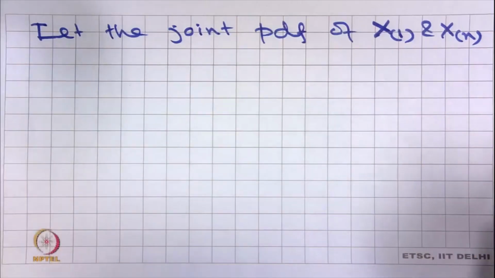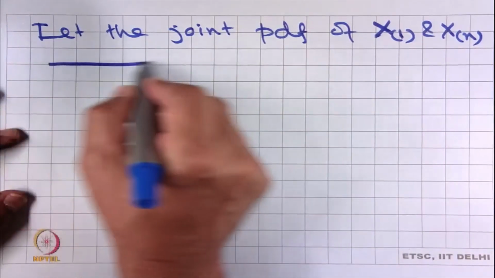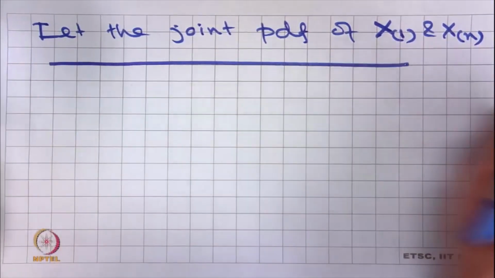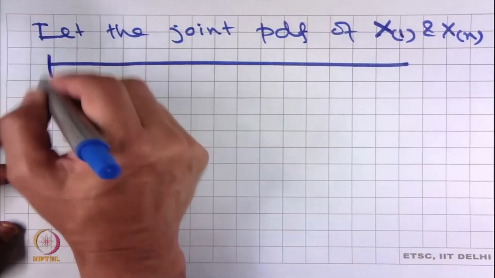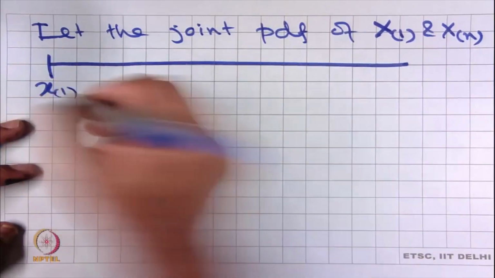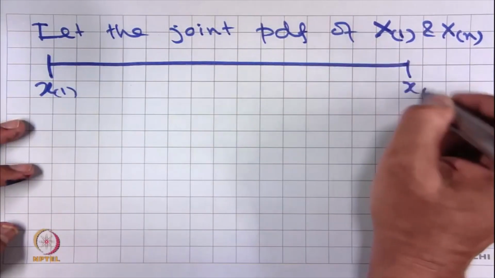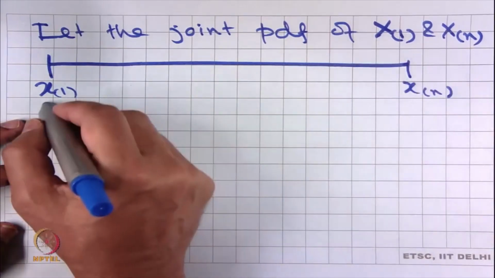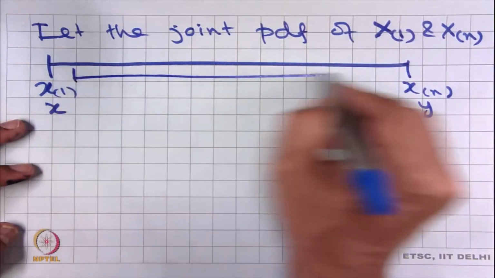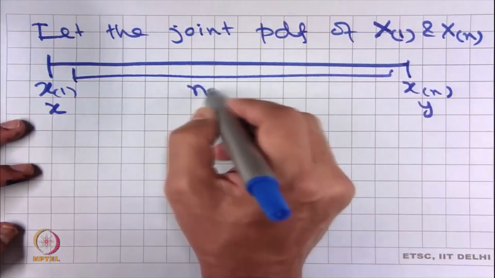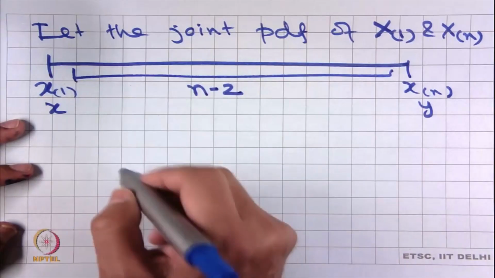I am looking at the two extremes of the samples. So, my X1 is here, my Xn is here, which I am calling x, this I am calling y, and therefore, how many are there? There are n minus 2 elements in between.